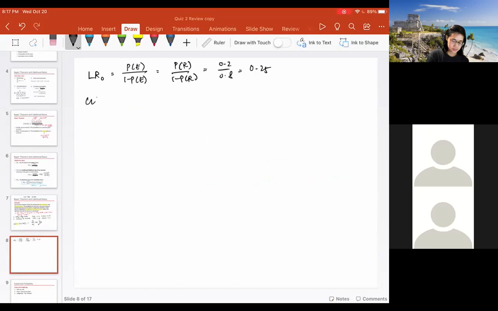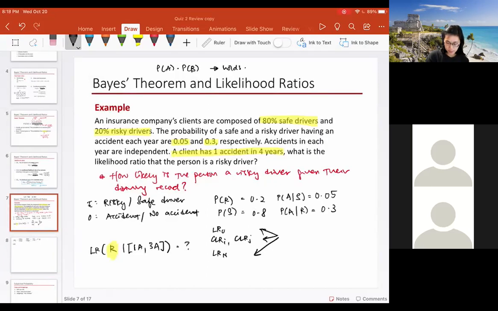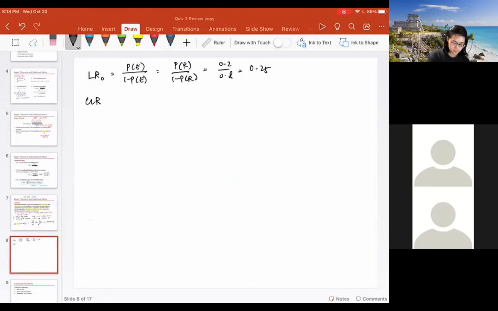Now, CLR of your outcome, right? Your I, where I and J are outcomes, is the set of all your outcomes. So first I, accident, right? Same as here, probability that you have an accident, given that you're a risky driver, over probability that you have an accident, given that you are a safe driver.